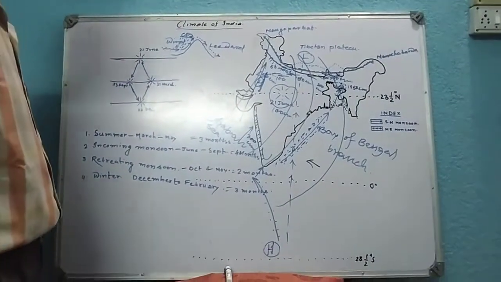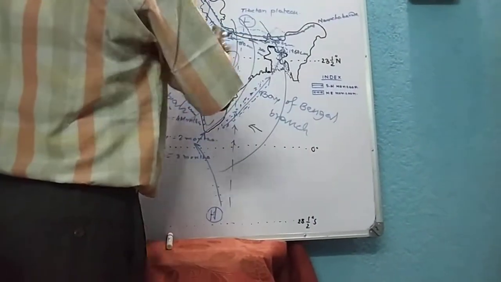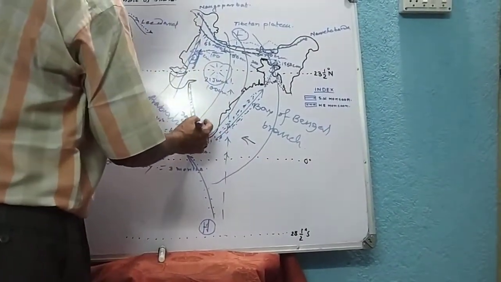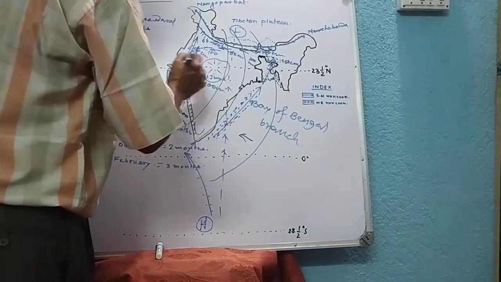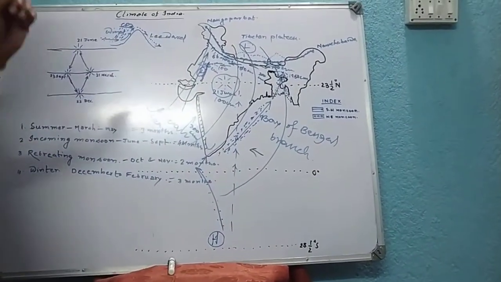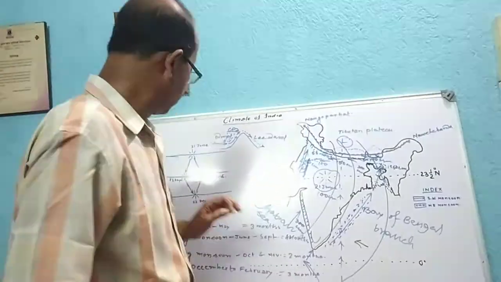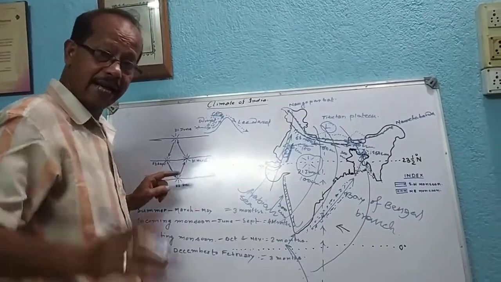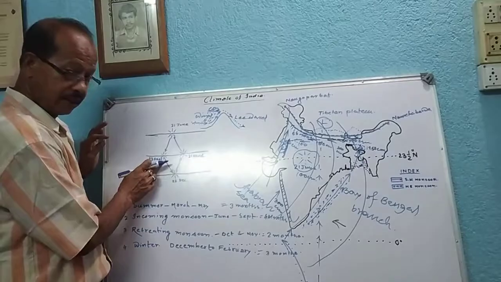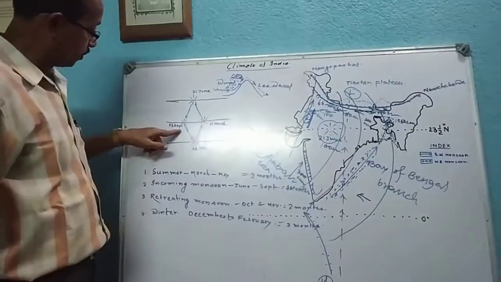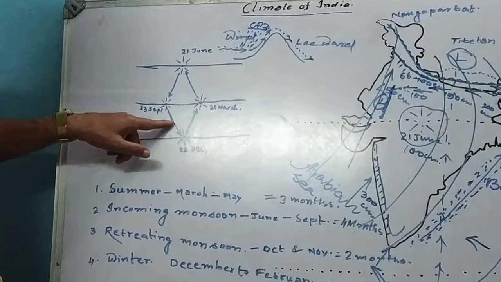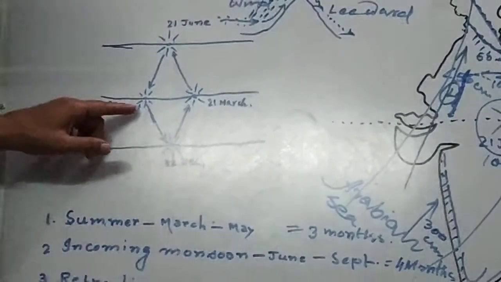During the season, the southwest monsoon changes its direction. Why? Due to apparent movement. Look at this figure: September here, October, November and December.